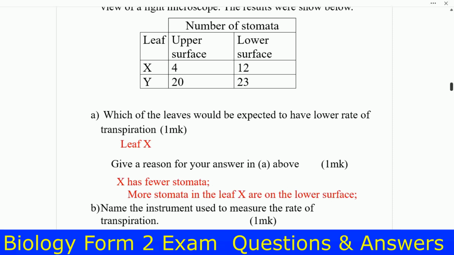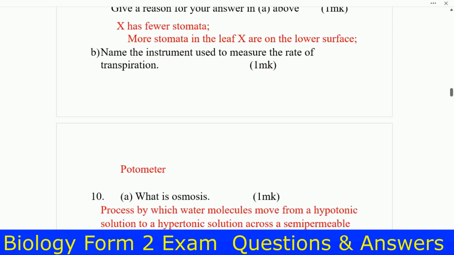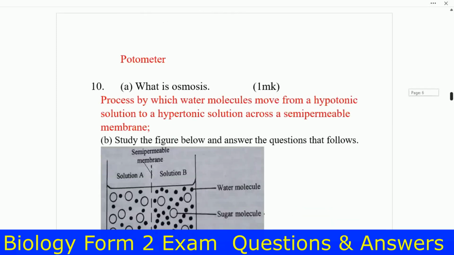Also, most of the stomata in leaf X are found on the lower surface, which is not directly exposed to the sunlight. Under the leaf, the sun does not reach directly. Number B, name the instrument used to measure the rate of transpiration. That one is the potometer.